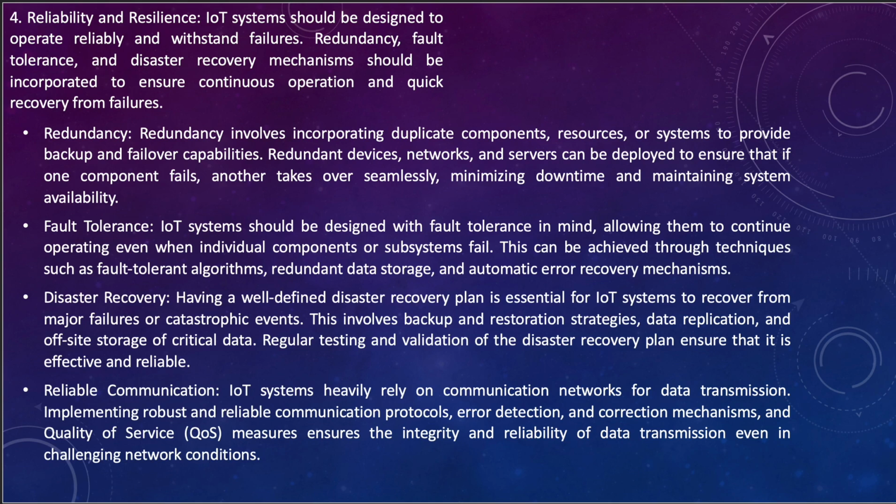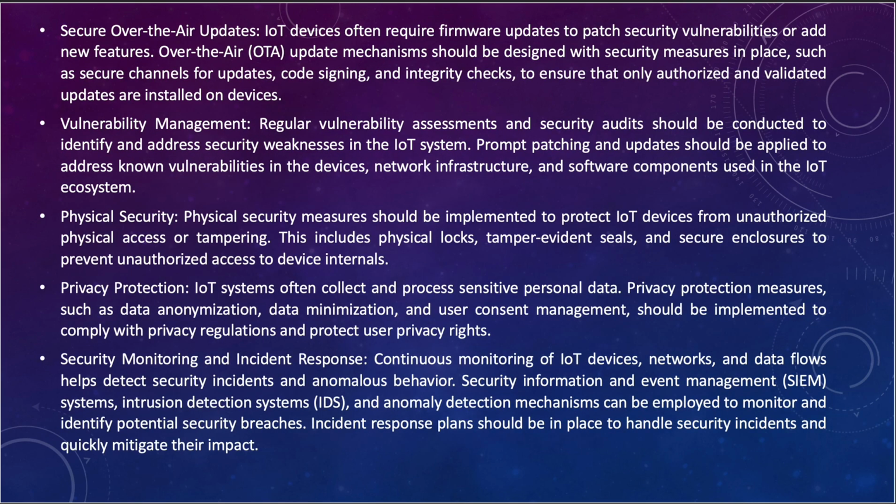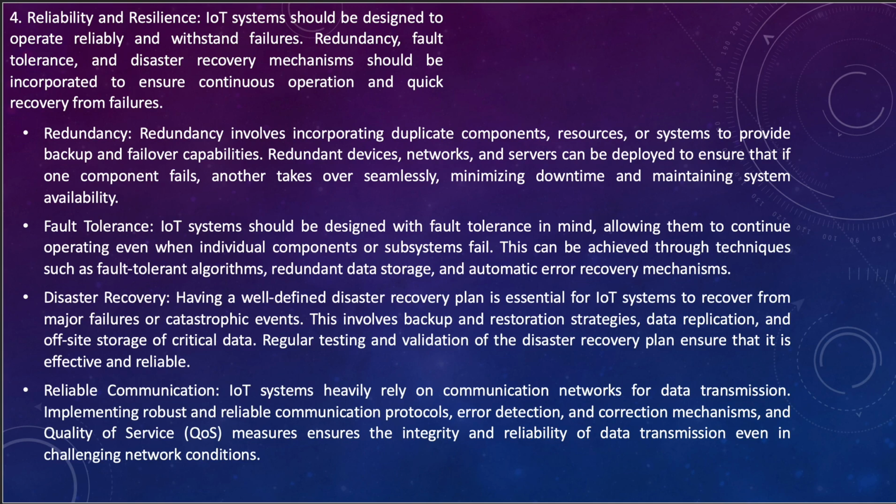Here, because of applied IoT, we are specifically thinking about IoT itself, but these are design principles and capabilities not only of IoT systems but other infrastructures as well, right? I think that's a point that I need to highlight here.